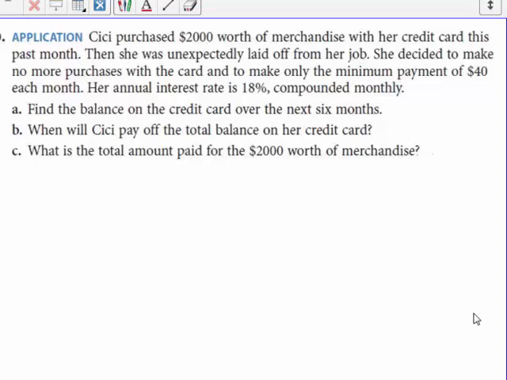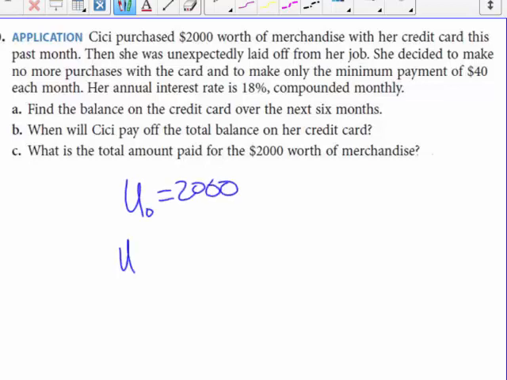Well, the first thing is, if you want the next 6 months, it's a good idea to write your recursive formula. So I'm going to go u sub 0 equals $2,000. And then my recursive formula, u sub n equals, well, remember, 1 plus the rate as a decimal, so 0.18, since it was 18%, and then it's compounded what?